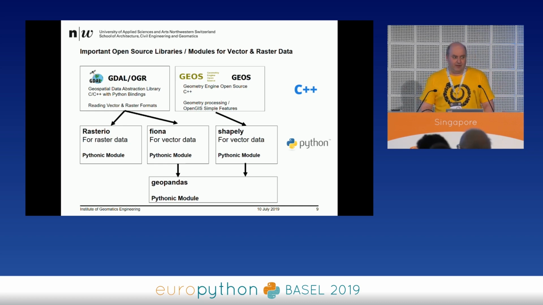I would not recommend using GDAL directly. I would use Rasterio for raster data processing, Fiona for vector processing, and Shapely to do some vector data operations. I will show you in an instant. And if you know pandas, a really nice module in Python, there is also GeoPandas, which extends pandas for geospatial data.